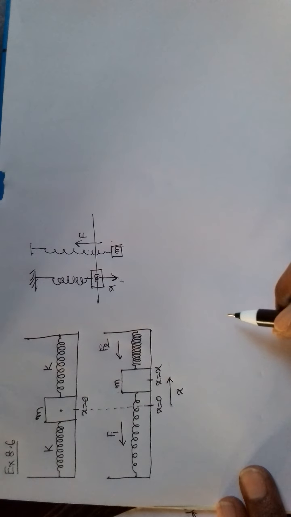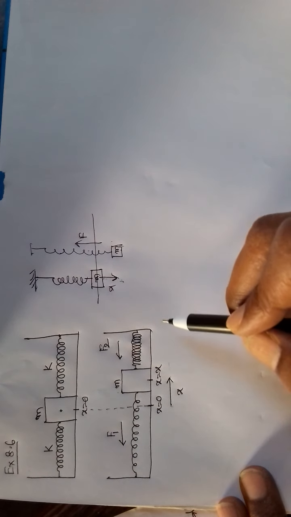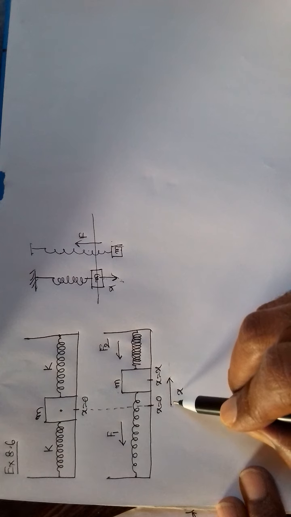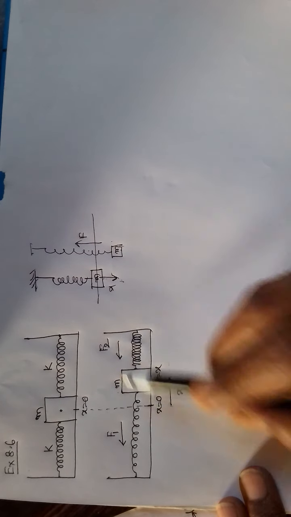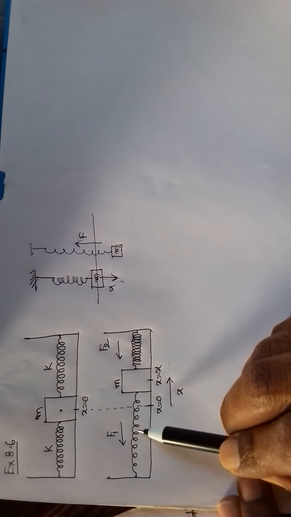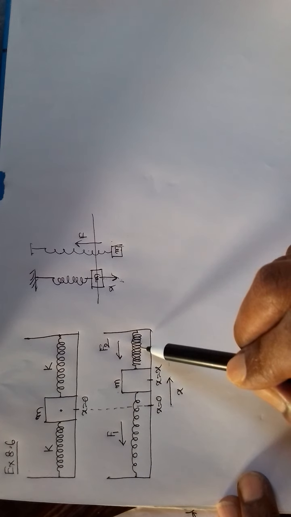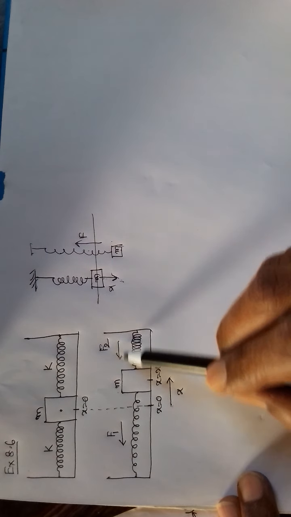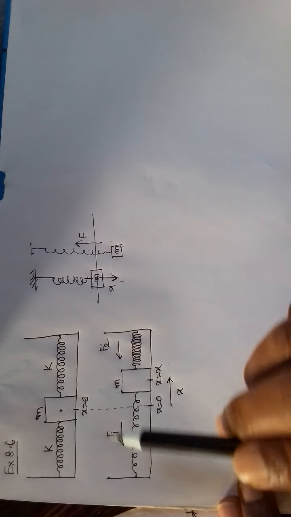Therefore, the spring in this state pushes the mass to this side. So here displacement is to the right hand side and restoring force is to the left hand side. So like this, F1 is towards the left hand side, and here also the force is to the left hand side. Both forces are in the same direction.